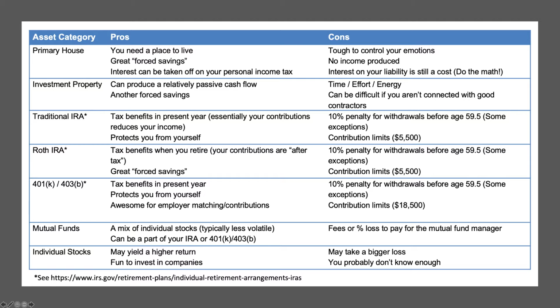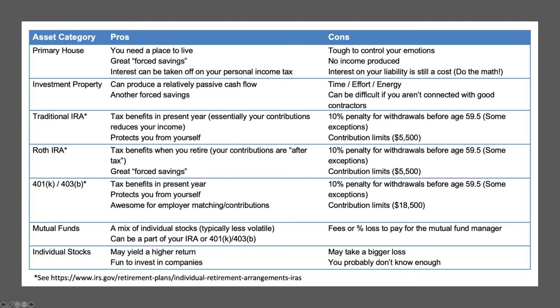Then we get into other investments like mutual funds and individual stocks. Your retirement accounts, your IRA accounts, and 401k, 403b accounts, depending on the way your employer has it set up, you likely will have these invested into mutual fund like mechanisms. If it's invested in the market like that, it typically means that it's spread out over a lot of different investments.